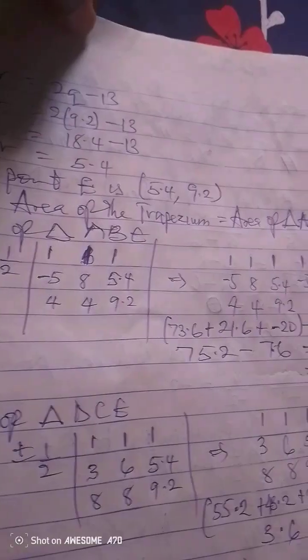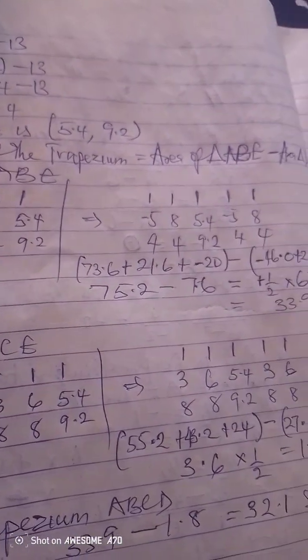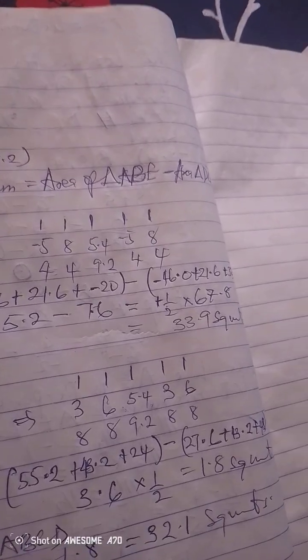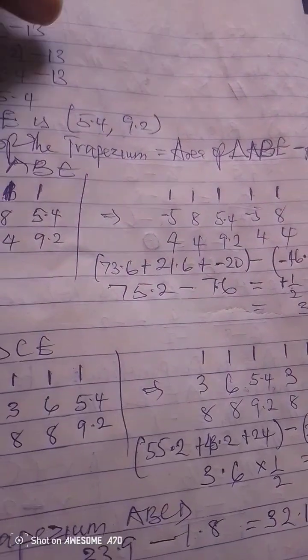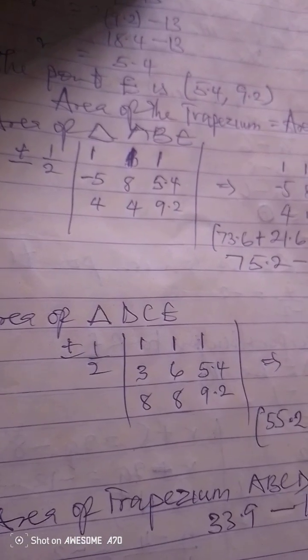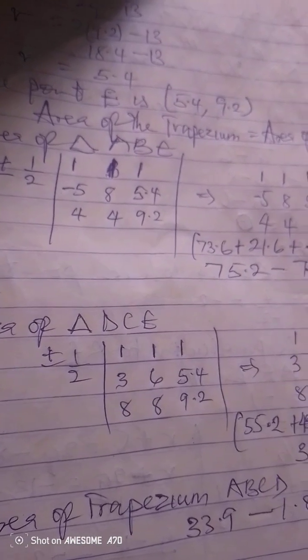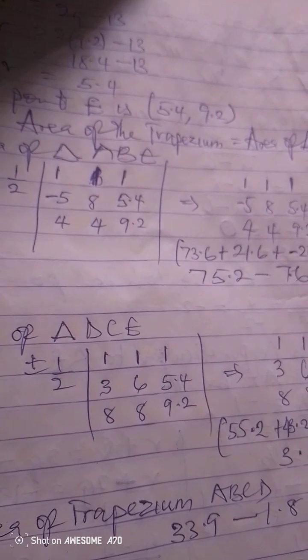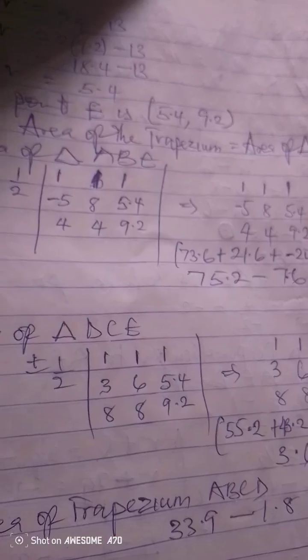Now, area of the trapezium is equal to area of triangle ABE minus area of triangle DCE. So the area of triangle ABE using Lewis method determinant, we have plus or minus half of the 3 by 3 matrix with rows 1 1 1, x1 x2 x3, y1 y2 y3.